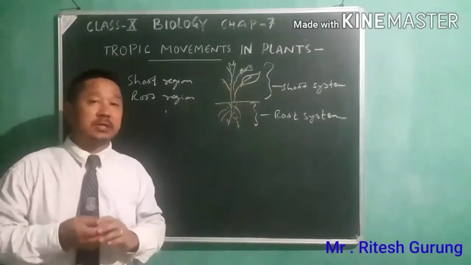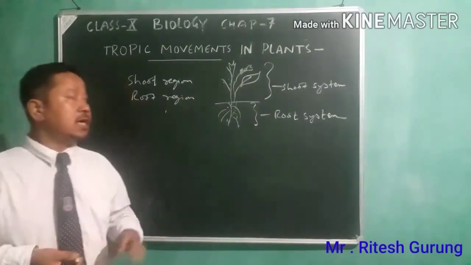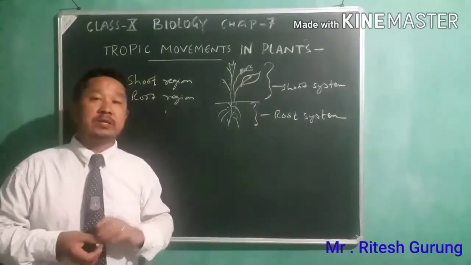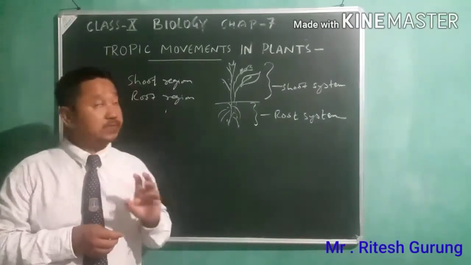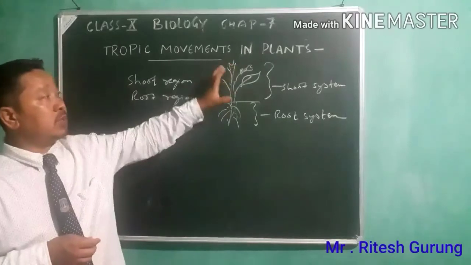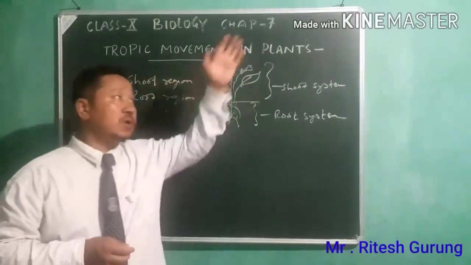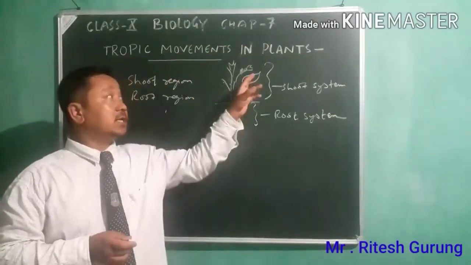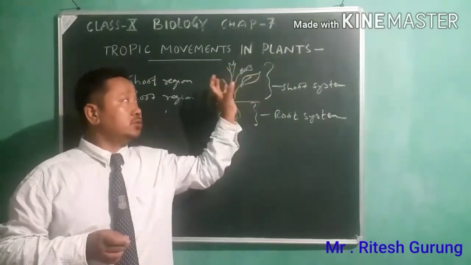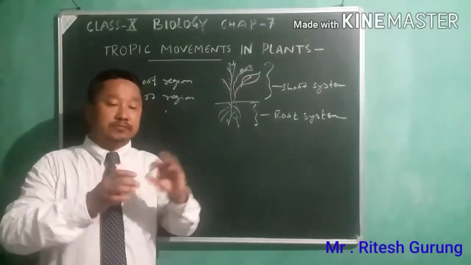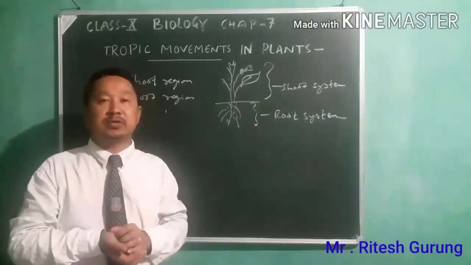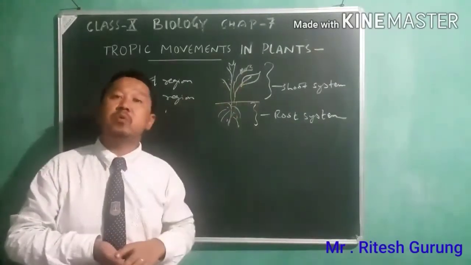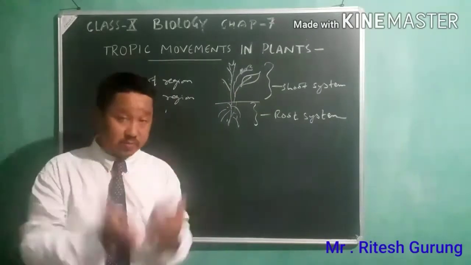Both systems show movement, and that movement should be done in the right direction, which means the shoot system must grow towards the source of light, so that the leaves present in the shoot system can entrap maximum sunlight, so that they can perform photosynthesis to prepare the food.